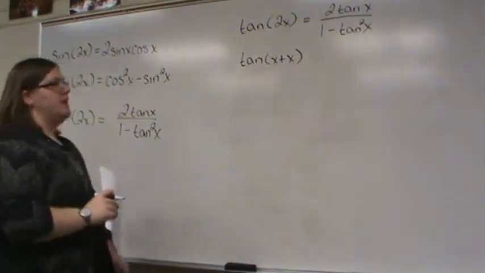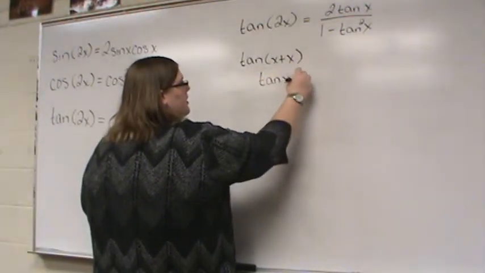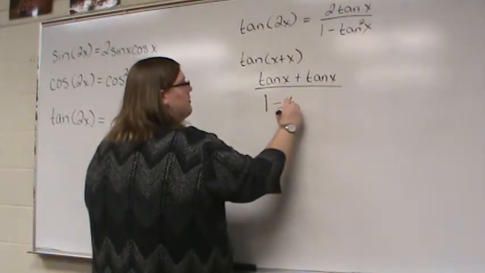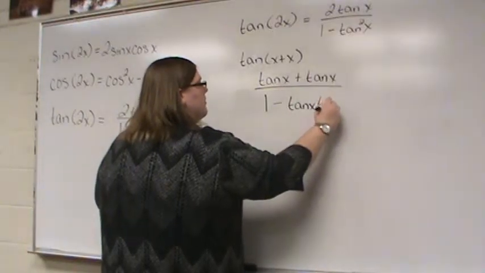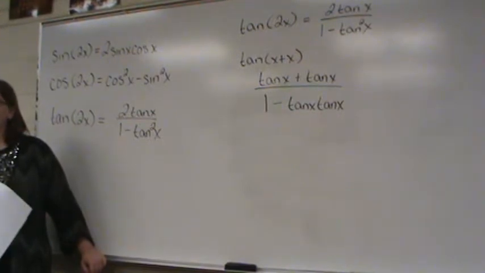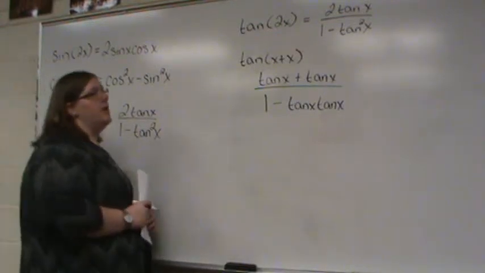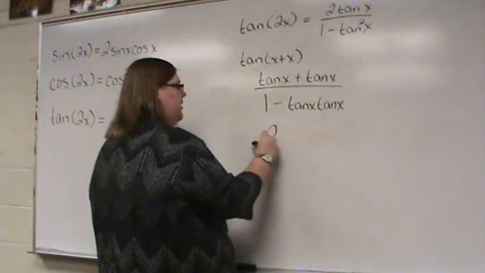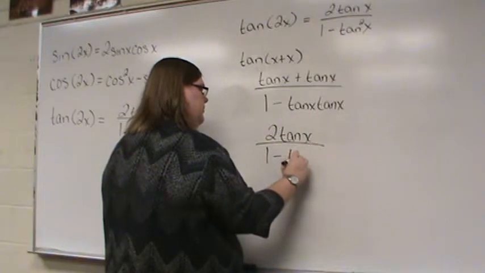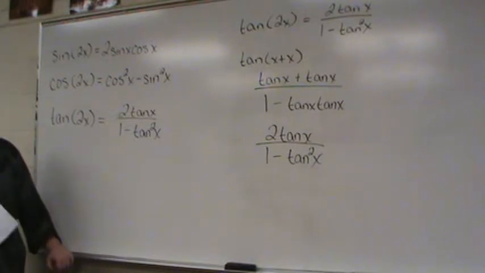And how did we expand our tangent addition? Tan x plus tan x divided by 1 minus tan x times tan x. So now what can we do? Combine like terms again. So that's actually proving that we can use all of these double angle identities.